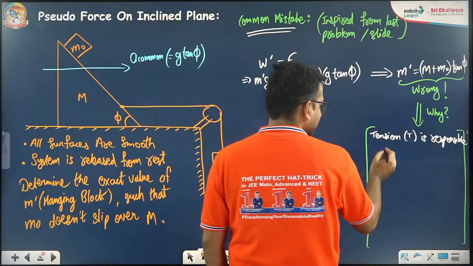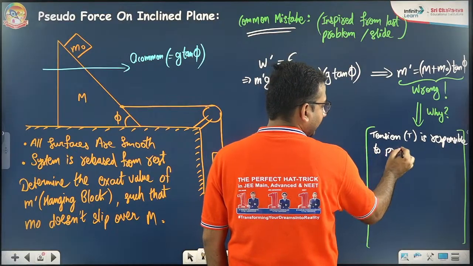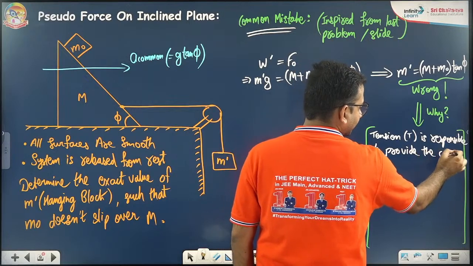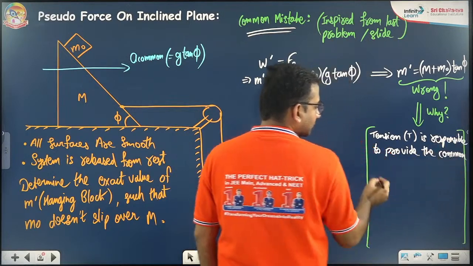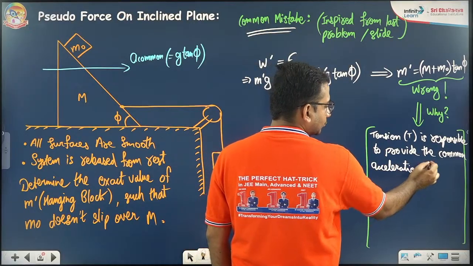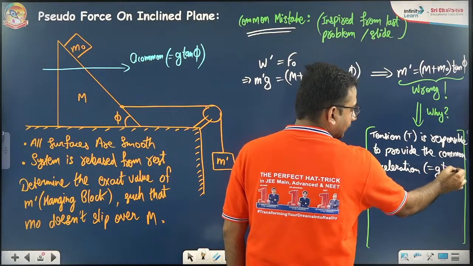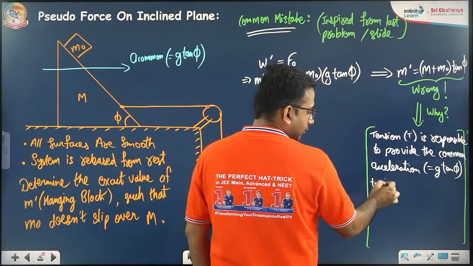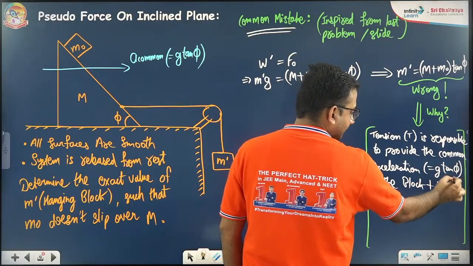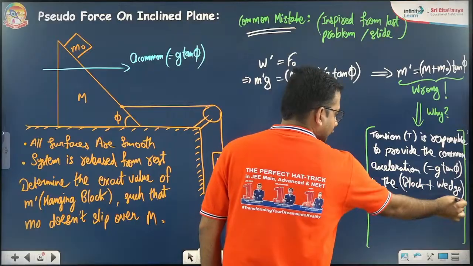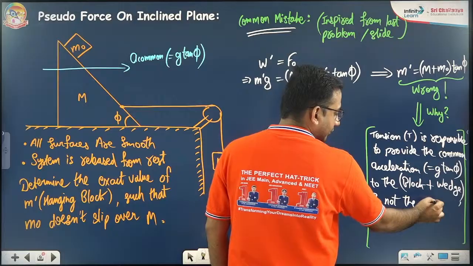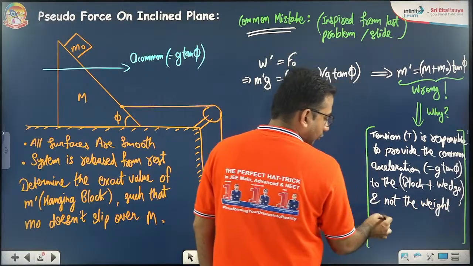Tension T is responsible to provide the common acceleration equal to g tan phi to the block plus wedge system, and not the weight of the hanging block.